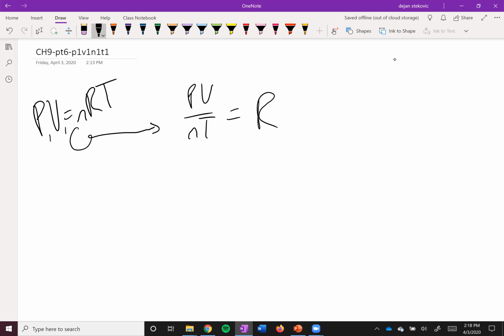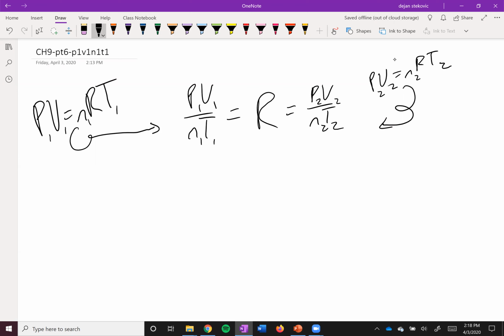So we could just subscript these as ones, say that in the initial state, PV equals nRT. Well, in the final state, PV also equals nRT. It's an ideal gas the whole way through, so this is always true. And so we can reorganize this equation, isolate R, and get PV over nT.